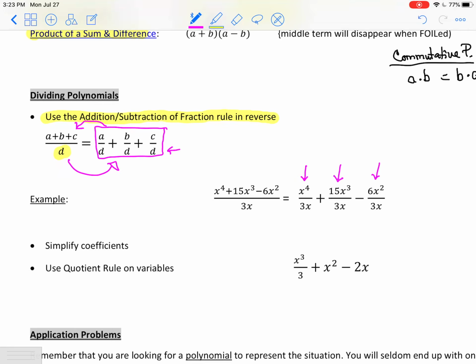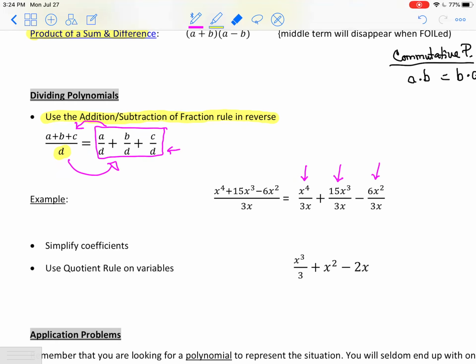Now, why is that important? It's really important, actually, because if we didn't think about this, we might look at that and go, oh yeah, this x is going to go out with one of those, the 3 is going to go out, and that's going to leave a negative 2, and I'm done, woohoo, right? But I'm not.